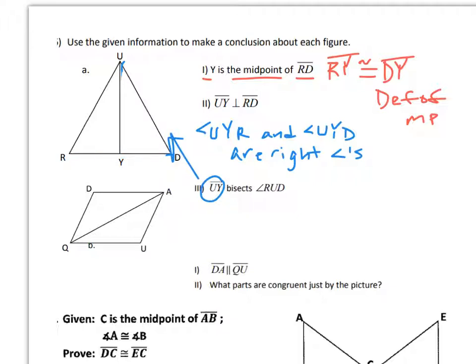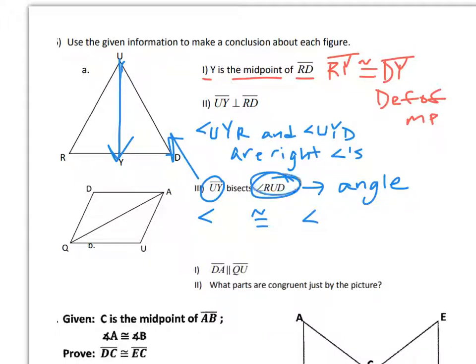So UY is bisecting RUD. That's an angle. I know you know that's an angle, but that means that my answer should have to do with angles. If I'm bisecting an angle, this has to do with angles. If I'm bisecting a side, it has to do with sides.